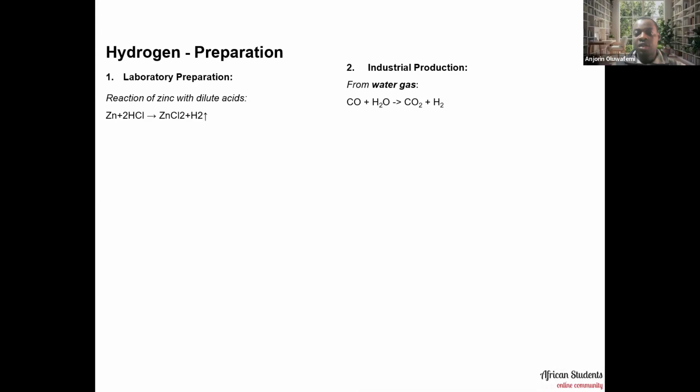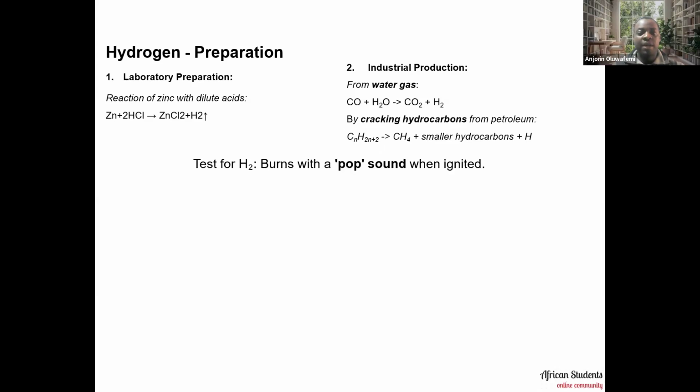It can also be made by cracking hydrocarbons from petroleum, where a smaller hydrocarbon is formed and hydrogen is given off. So we are looking at the laboratory preparation and the industrial preparation.